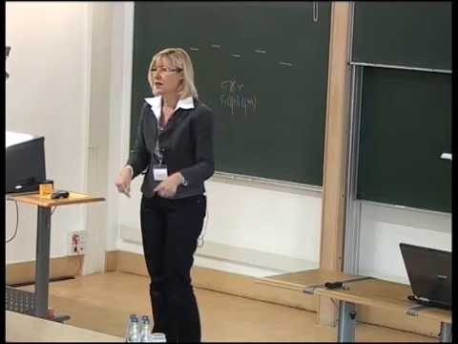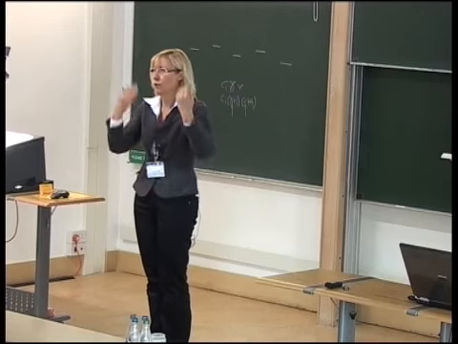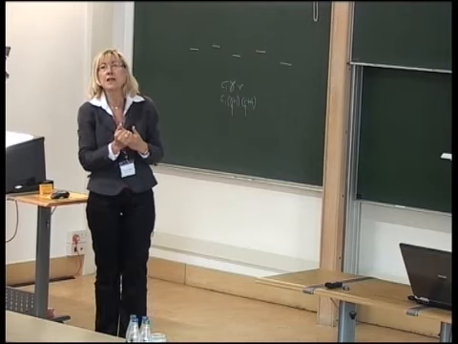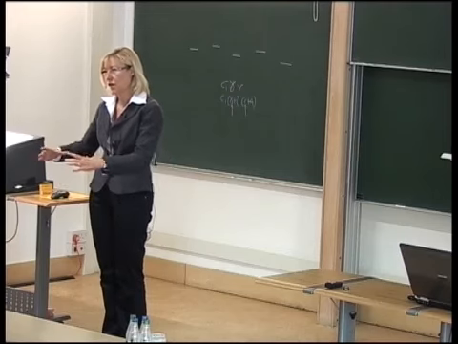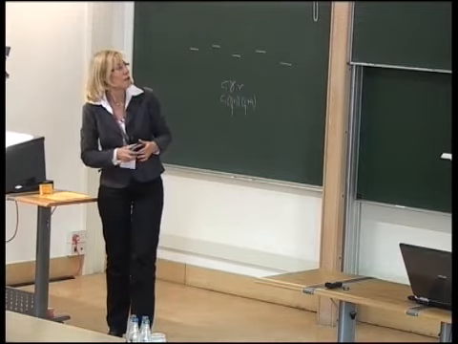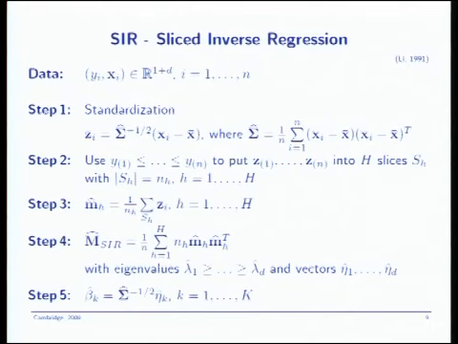Okay, so you get corresponding X values for each slice. And for each slice, you calculate the mean within the X space of the X observations. And those means give you the matrix M then. Okay, so I said X values, but of course this is standardized X values. And like this, you can find the means of the corresponding Z values for each slice.